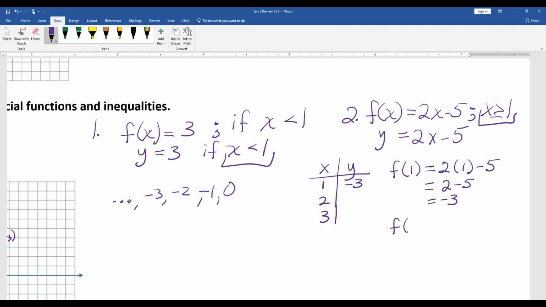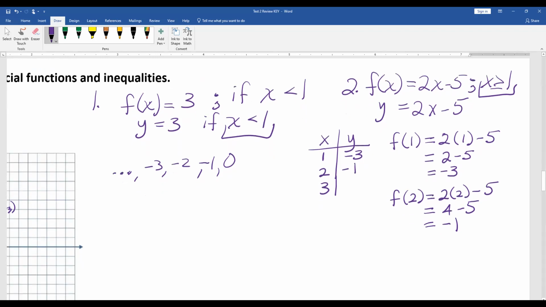Okay, function of x at 2 means this is 2 times 2 minus 5. So that's 4 minus 5. So it is negative 1. So we've got a positive slope here. Every time x changes to the right, y goes up.